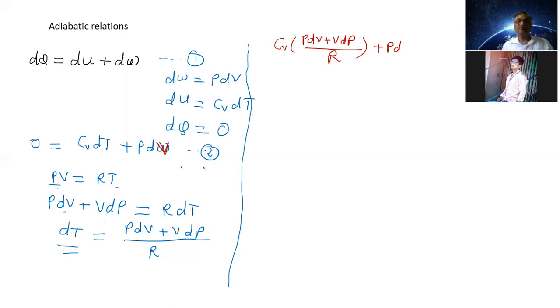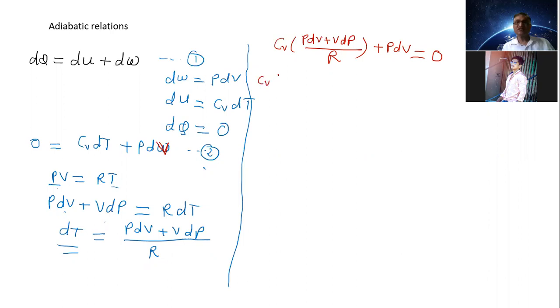That is to be equal to 0 here. Multiply this equation by R. R ने या equation ला multiply करू. इथला R cancel होईल आणि इथे R येईल.